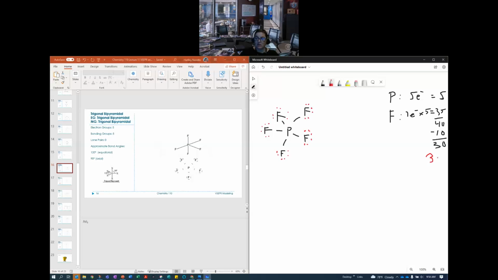So that takes out the rest of those electrons, and that leaves you with a 0. Okay, awesome. Let's talk about formal charge.